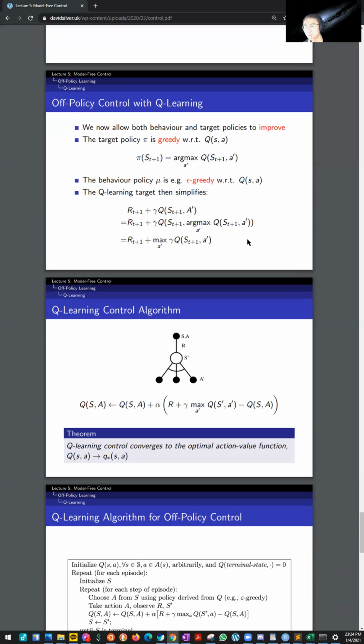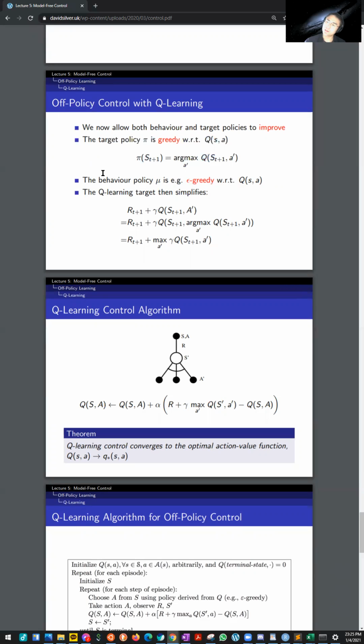So specifically for Q learning, the advantage is that we can improve both the behavior policy and the target policy. The target policy in Q learning is the absolute greedy approach, which is just taking the argmax of the Q value, basically choosing the action that returns the highest Q value from the next state.